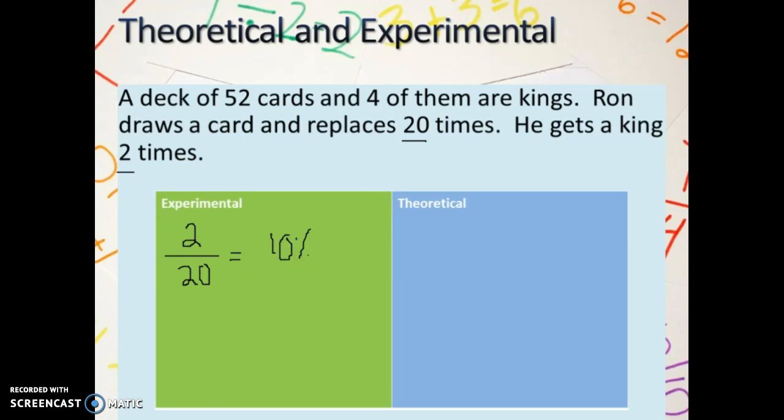Theoretical is based, though, on our favorable over our total outcomes. So here, our theoretical is that there's 4 kings out of 52 total cards. 4 out of 52 is 8%.